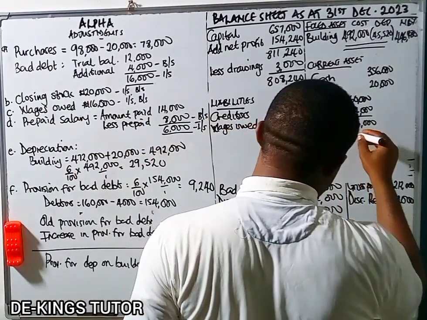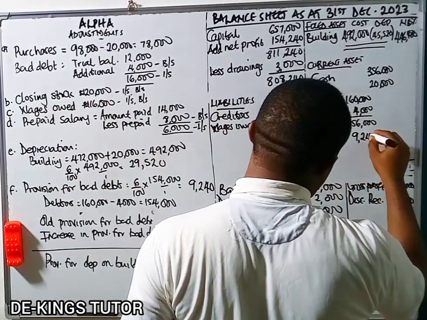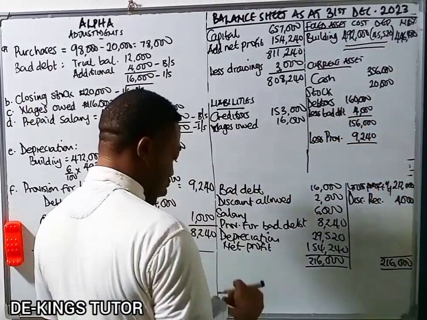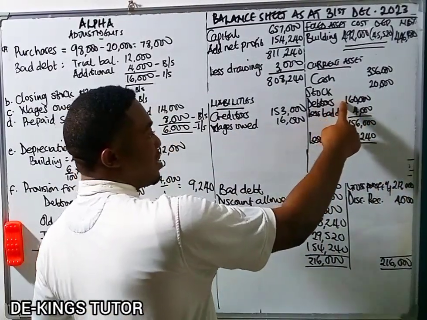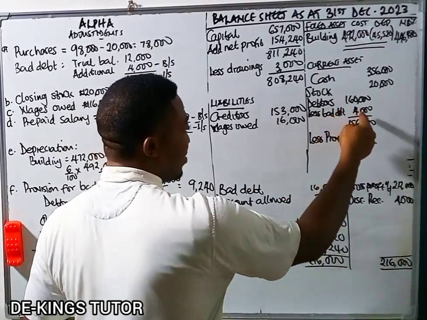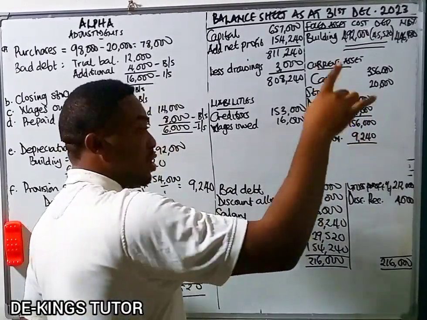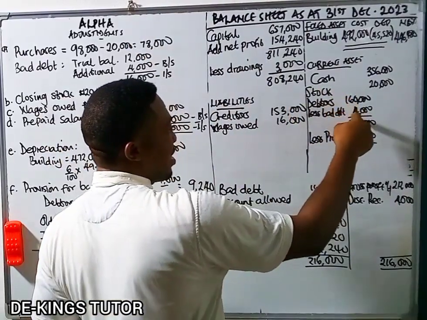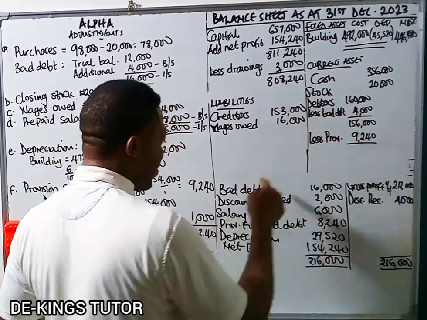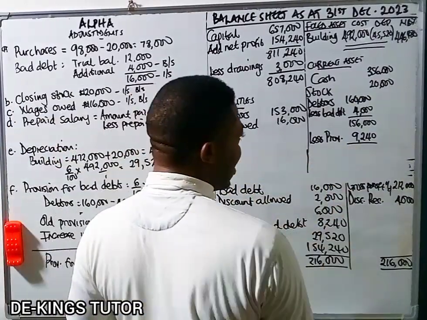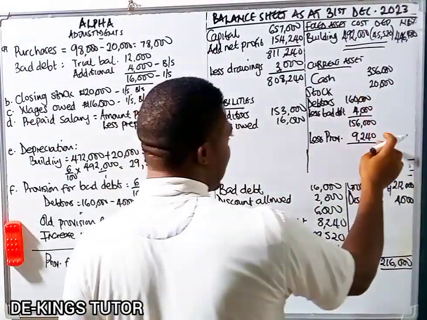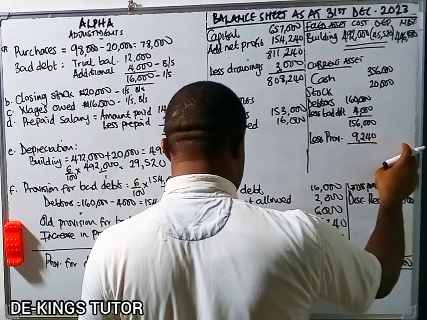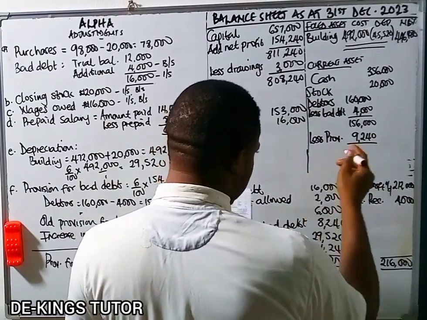Look at what we did here: the debtors' actual figure of 160,000 from the trial balance, less bad debt in the additional information. If this bad debt was in the trial balance, we are not going to less it, because it has appeared before. So 160,000 minus 4,000 gives us 156,000. Now we less the provision, the actual one, 9,240. 156,000 minus 9,240 will give us 146,760.